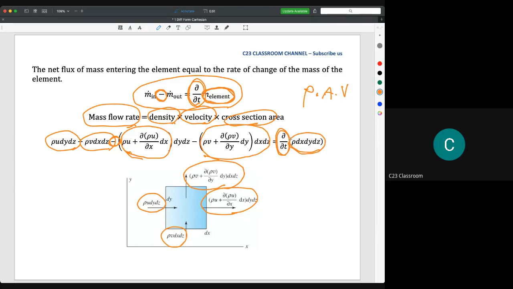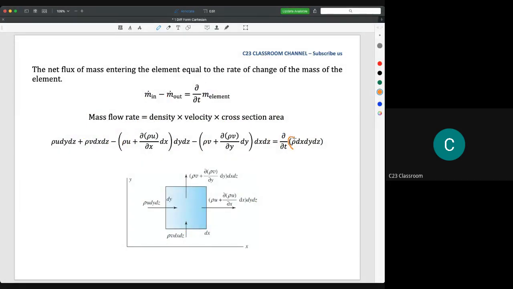So how to calculate the mass? We know from our previous study that density is equal to mass over volume. So to calculate mass, we could say it is equal to rho times volume. Rho is rho here, and volume is dx, dy, and dz.